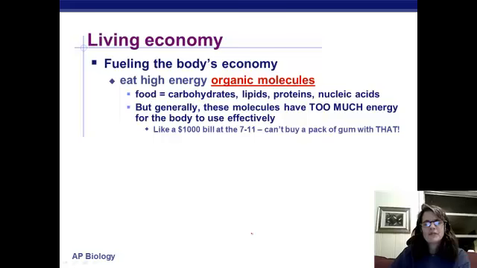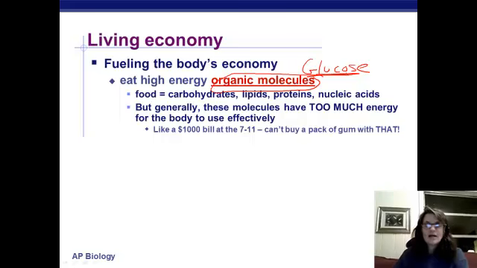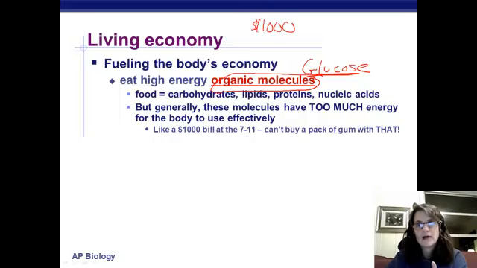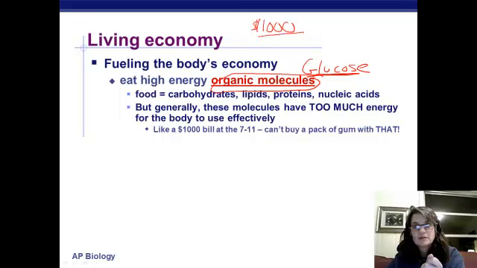So, the thing about our big organic molecules that we need to remember, like glucose, or even stuff bigger than that, but let's just focus on glucose for now, is that they're great. They're very, very useful, but they have way too much energy in them for the body to use. I think we may have talked about this before in class. Let's say your great Aunt Tilly gave you a $1,000 bill, and that's awesome. But if you go to 7-Eleven to buy a piece of gum with that, you won't be able to because they can't handle the $1,000 bill.